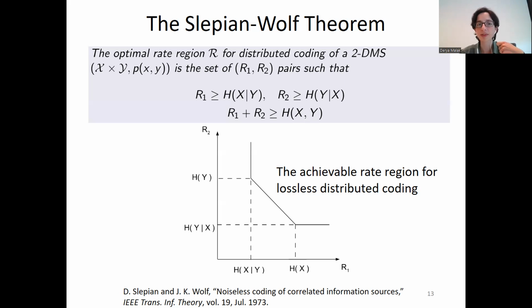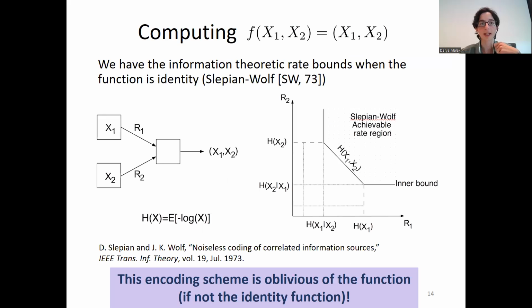And the achievable rate region is indeed the region that is lower bounded by this curve. Okay, so this is the summary of computing the identity function. But as you can see, the approach that Slepian and Wolf provided is for recovering the sources themselves, and it does not consider the structure of the function.